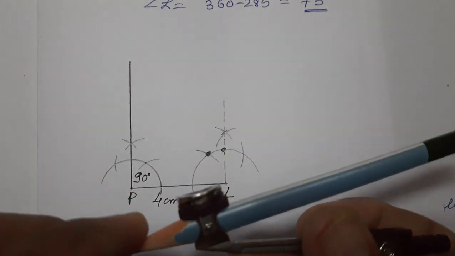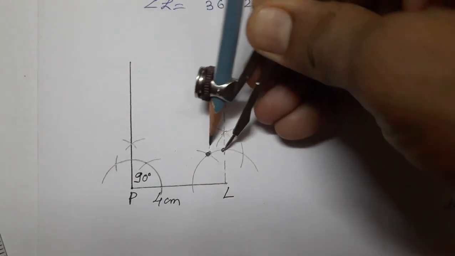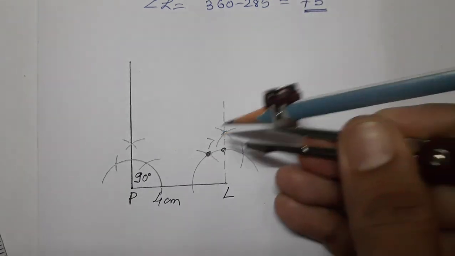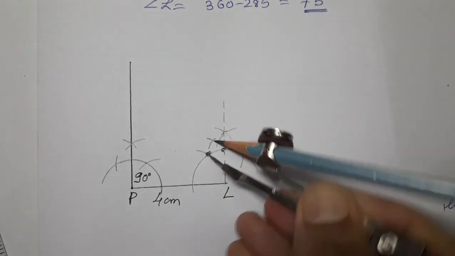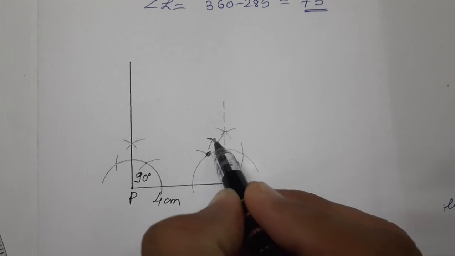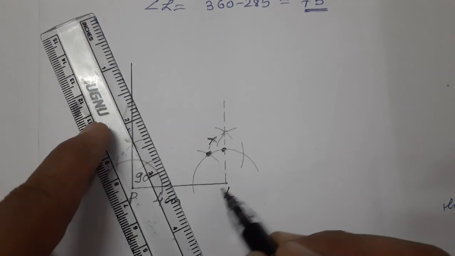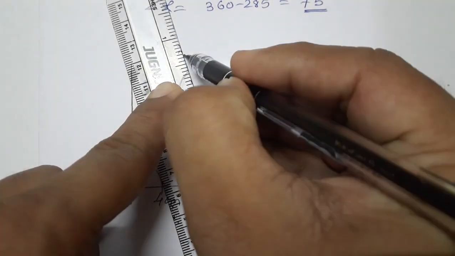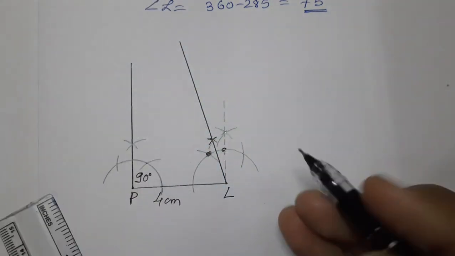Take more than half, always take more than half. One arc from here and one arc from the opposite. So this is 75. See, this arc is 75 degrees. Now you have to join. So you got 75 degrees.